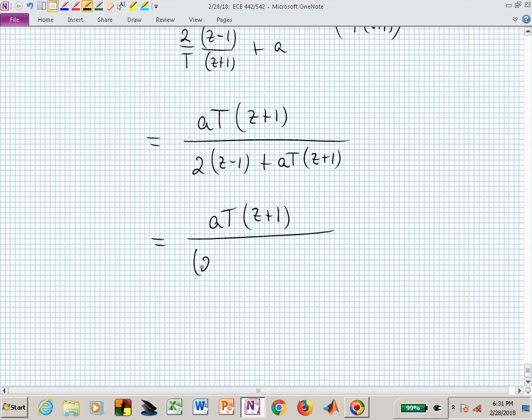Here we have a 2 plus AT as a coefficient for z.